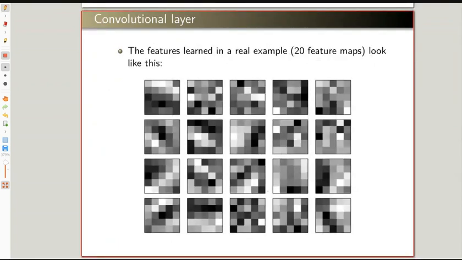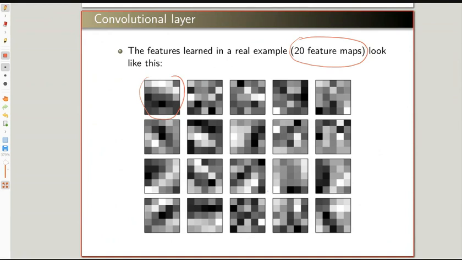And these are the features learned in a real example with 20 feature maps. 20 feature maps means the channels. This means that here you can recognize a receptive field which is 5 by 5, with learned weights.